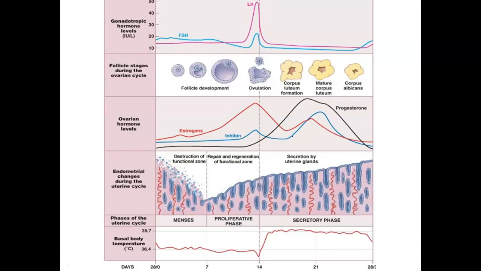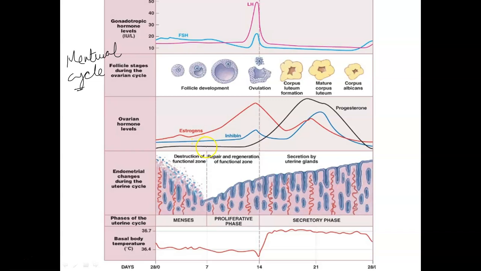Now there is a very important event that occurs, the menstrual cycle in females. I will first explain, and then I'll show you the slides where you will find details of each and every phase.